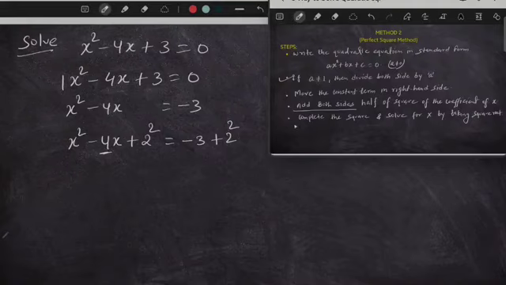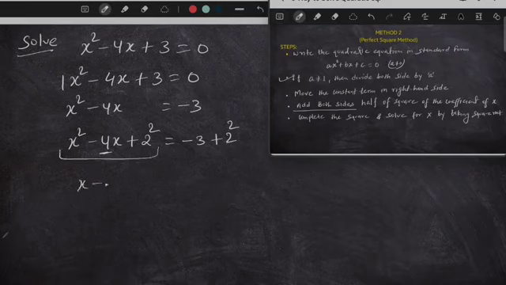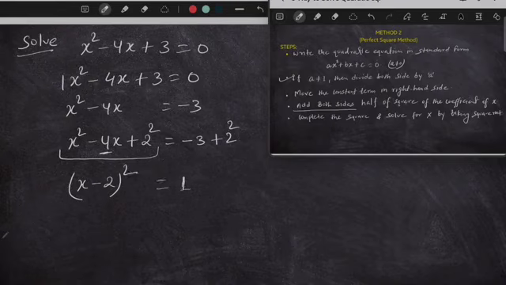The next step is to complete the square and solve for x by taking the square root. So completing the square, the left hand side is x minus 2 whole square and the right hand side is 4 minus 3, which is 1.